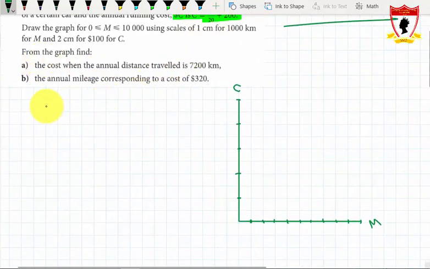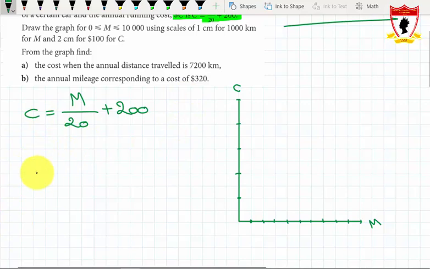The equation is like this. C is equal to m, which is the distance, divided by 20, then this result plus 200. To draw the graph of this equation, we can follow the table, the safest way. So here are the m values.